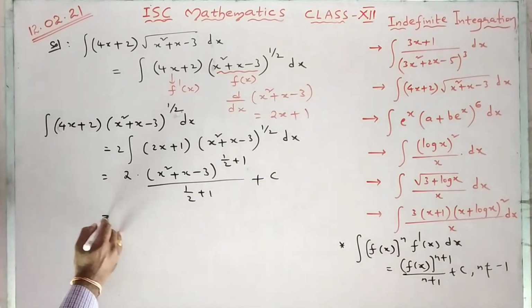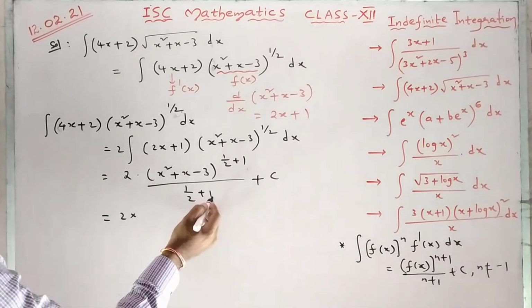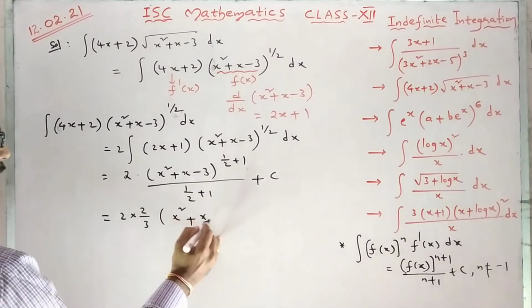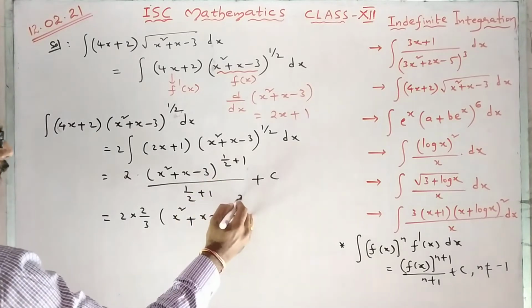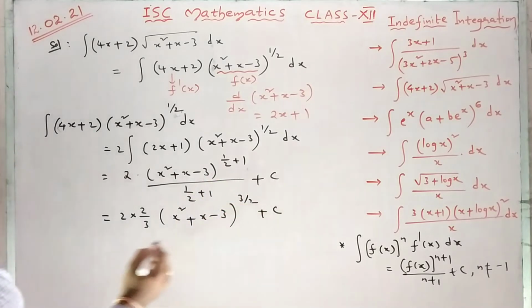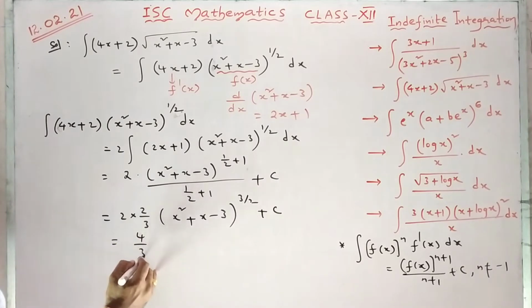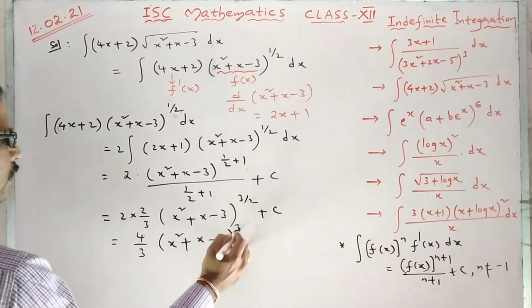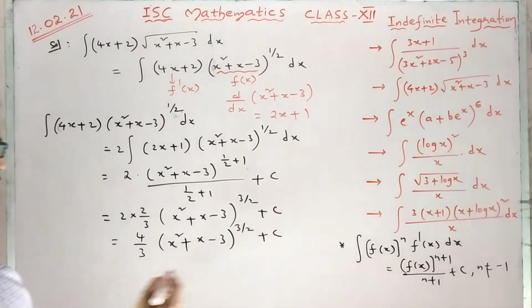Right? This will be 3 by 2 becomes 2 by 3, (x square plus x minus 3) whole to the power 3 by 2 plus c. So this will be 4 by 3 of (x square plus x minus 3) whole to the power 3 by 2 plus c.